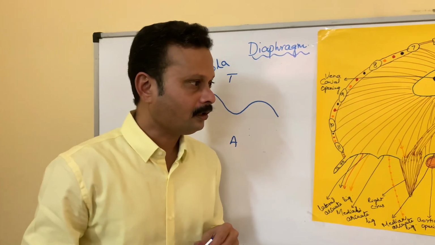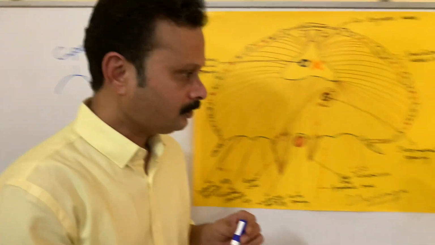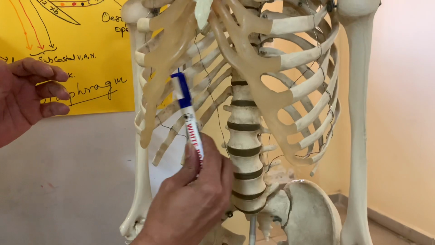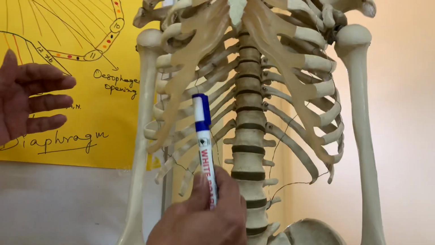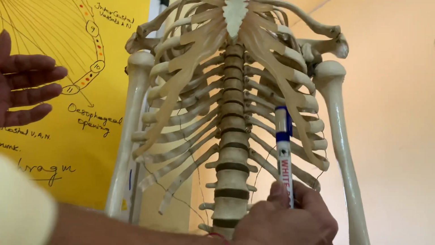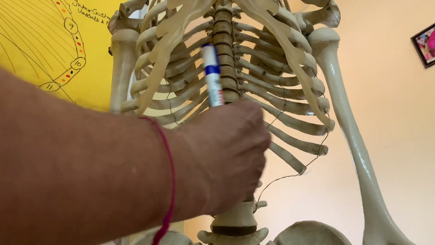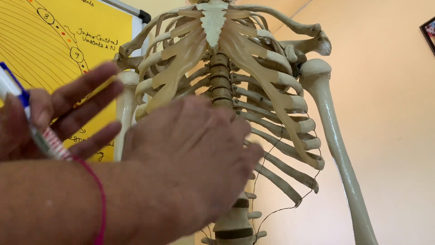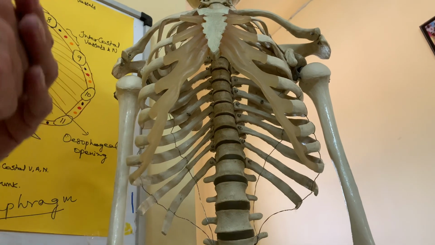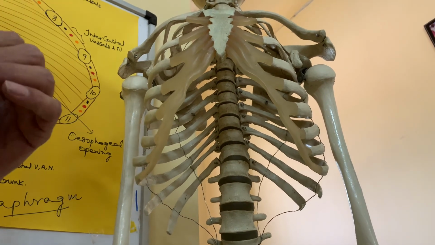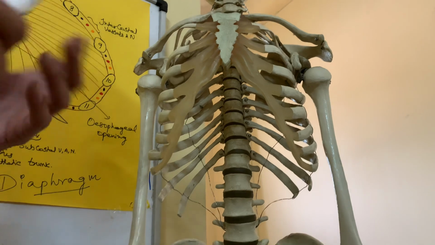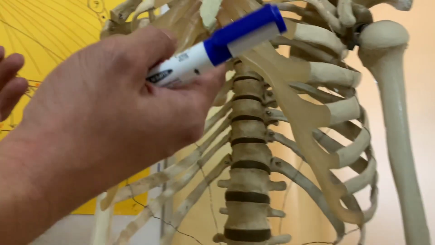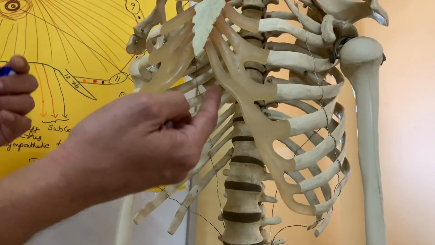If you see the origin of the diaphragm, the diaphragm takes origin around the oblique inner circumference at the thoracic outlet, and the origin is arranged in the form of three. We have origin from the sternum, from the front here.